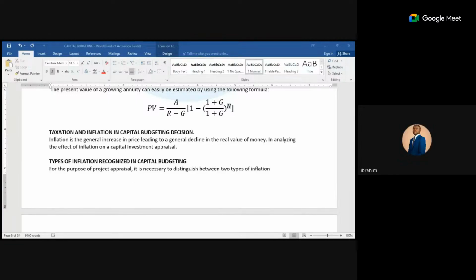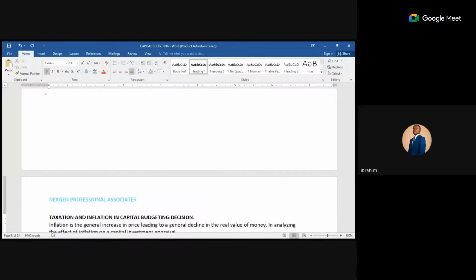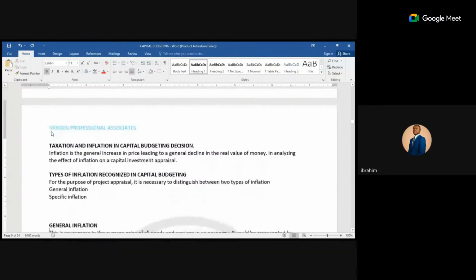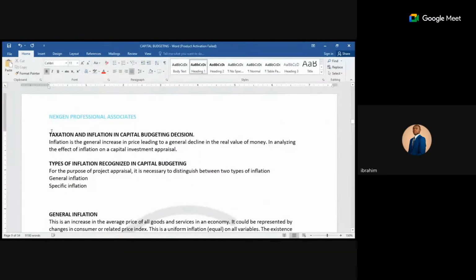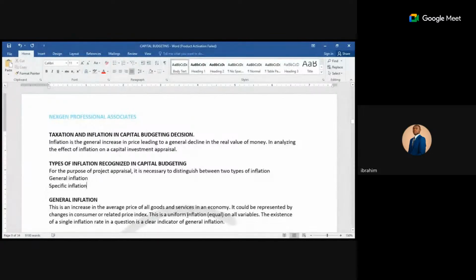Okay. Now let's quickly look at inflation under capital budgeting.